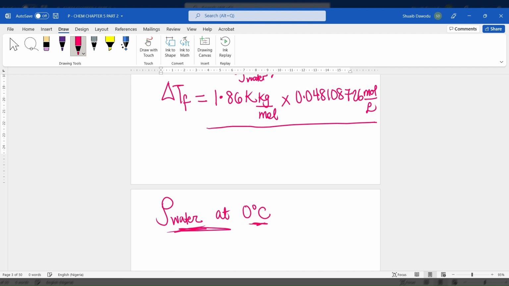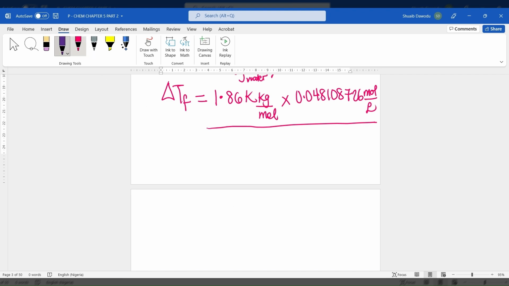The reason it's key to remember this is because density changes with temperature, meaning if you determine the density of a solvent at one temperature and then at a different temperature, expect two different values. So therefore, we're going to be using the density of water at 0 degrees Celsius and not at any other temperature. This is key because we're doing a freezing point question.